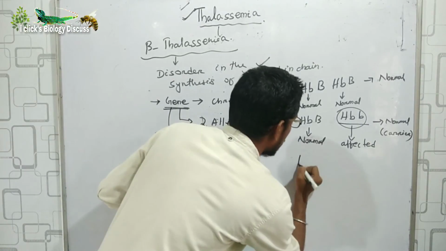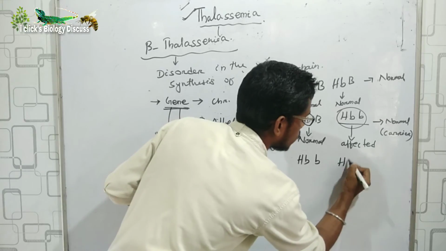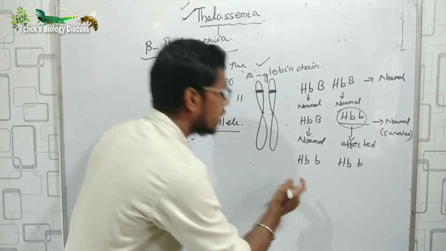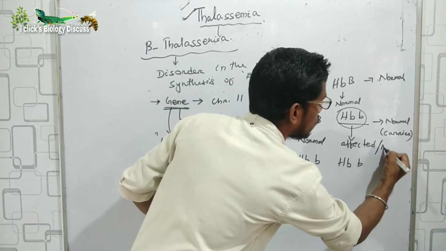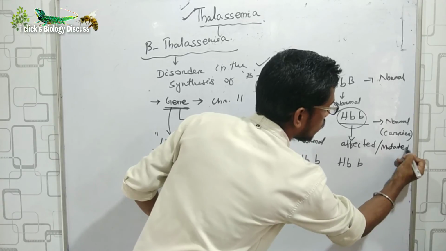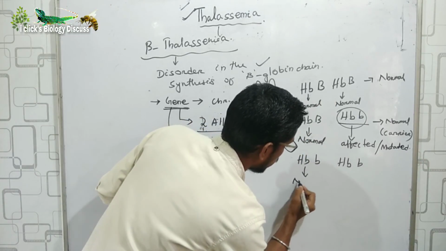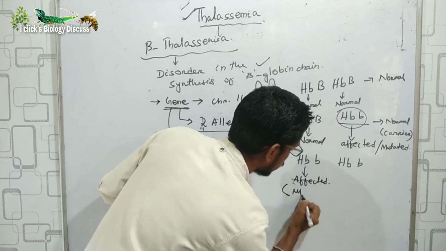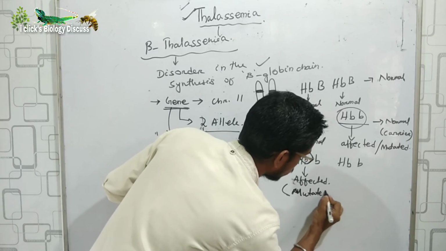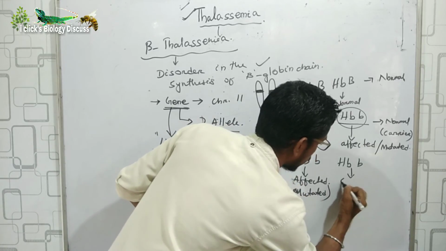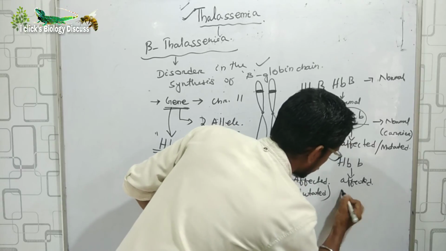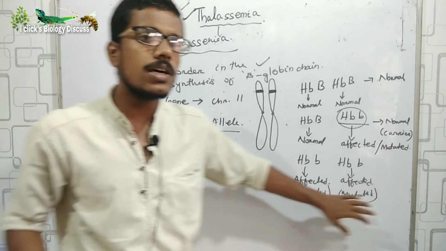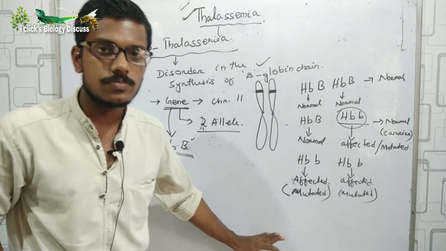But if a person has the condition HB small b, small b, both alleles are affected alleles. Affected means mutation has occurred. Here this is the mutated one, and this is also the mutated or affected one. Both alleles have undergone mutation.